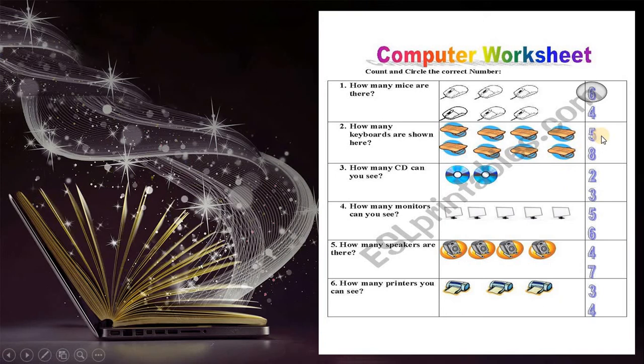So is this number 8 or this number? Which number is 8? First or second? Second number. So we are circling the 8, because the number of keyboards given is 8. Correct?